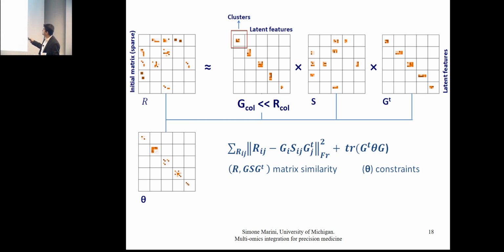If I multiply this by this by this, and they are smaller than this one, and if I multiply them together and I get a matrix which is almost exactly identical to this one, it means that I captured the information in the latent features that are here. So why I'm doing all this is because I want the latent features, and I will come back to this in a second.